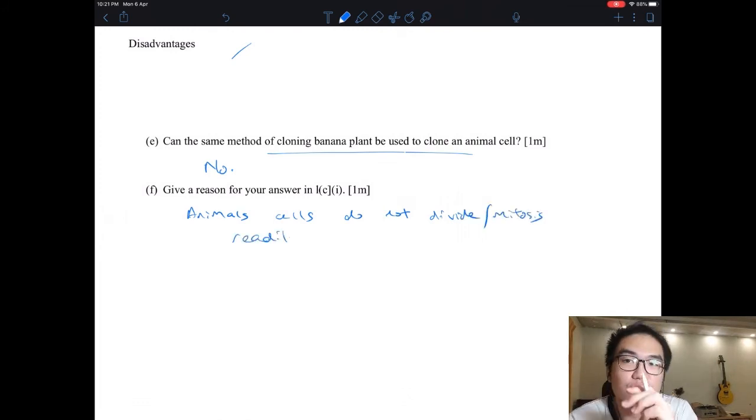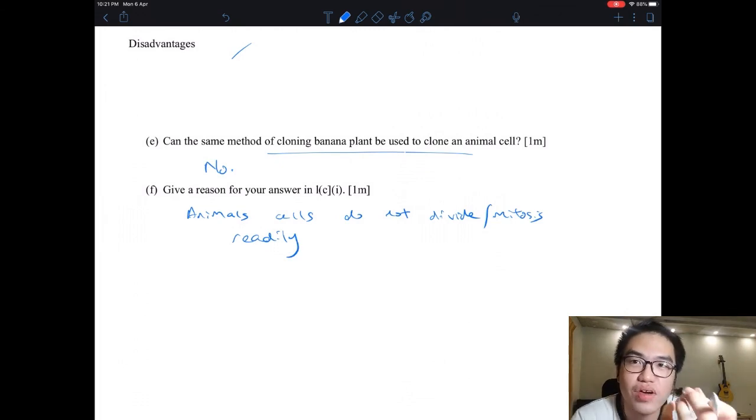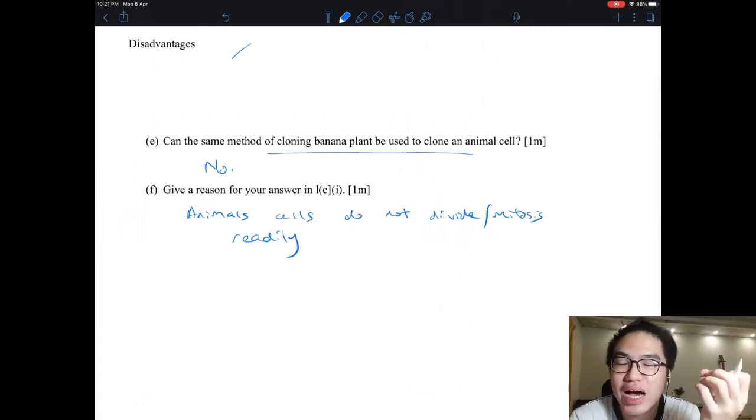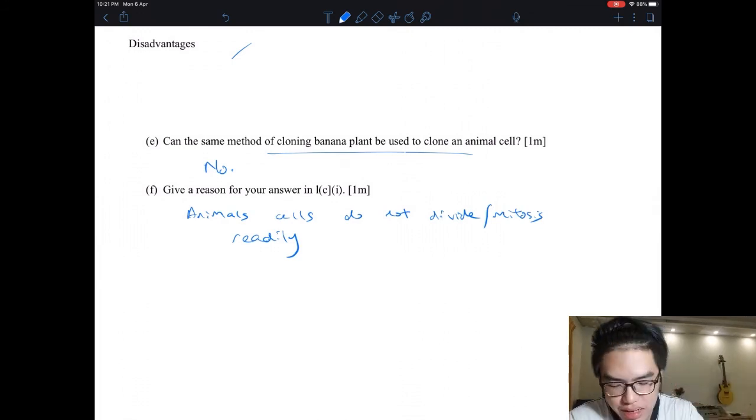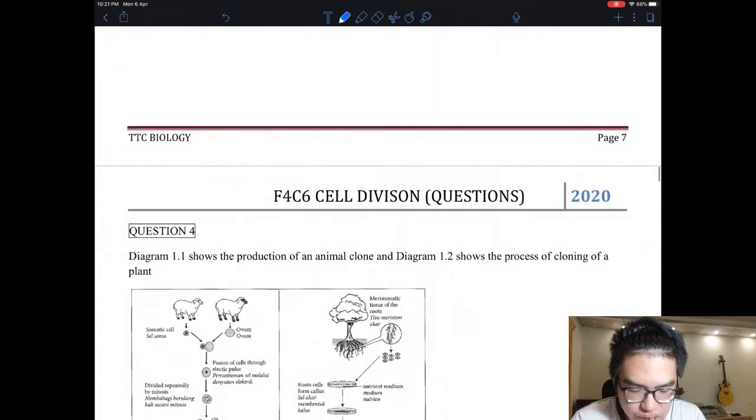That's why we need to put the cell into an ovum, because an ovum can divide readily. It will stimulate the DNA I put inside to divide actively. You can't force a healthy cell to keep doing mitosis unless it's a cancer cell, like I said. A cancer cell will keep doing mitosis without ending. That's why you have tumors. So that would be it.